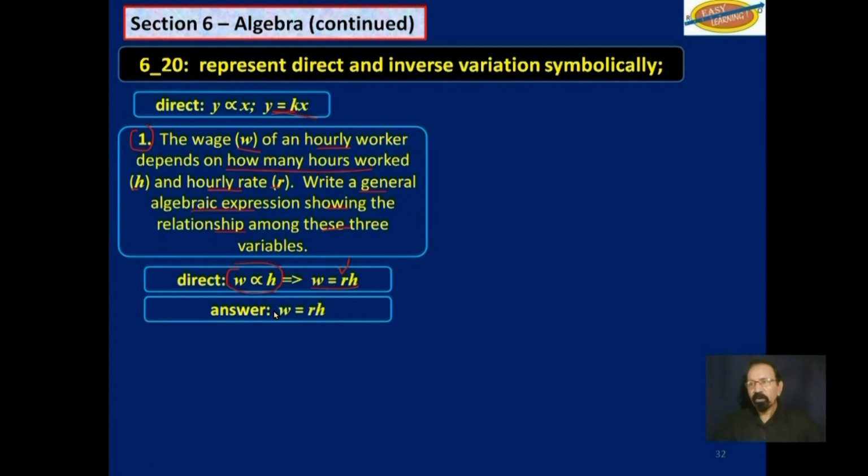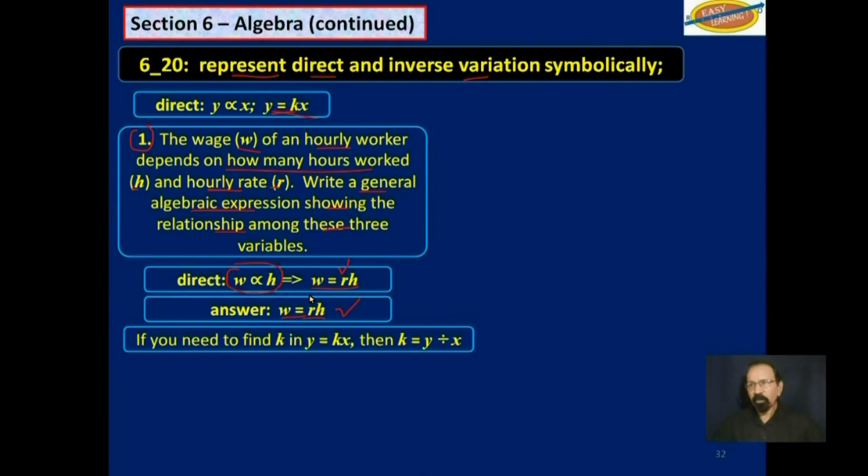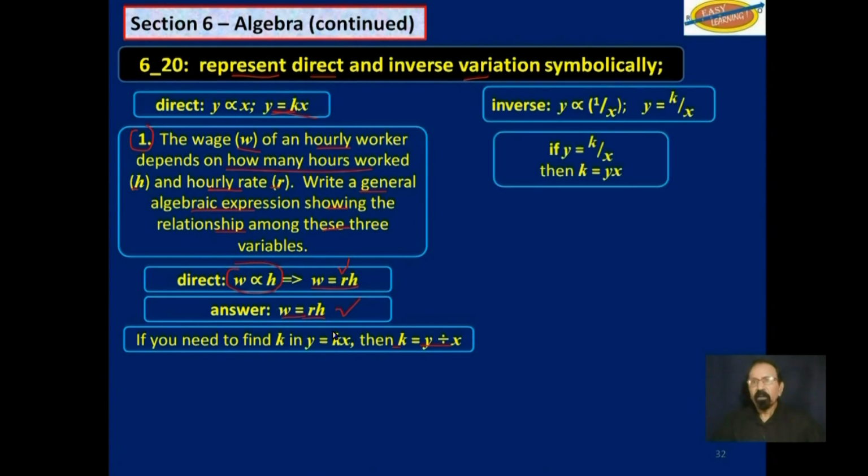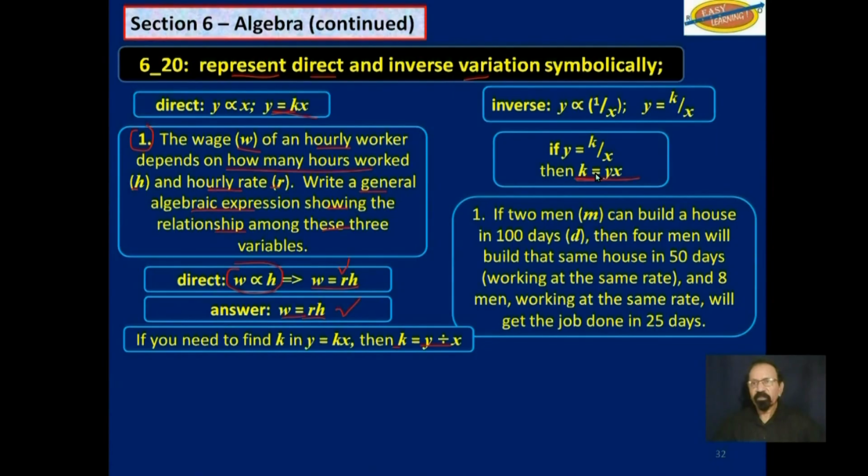And so you could say W is equal to R times H. So we have just represented a direct variation symbolically. W is equal to RH. Now, if you need to find K in this formula, which is R, then K is equal to Y divided by X. Now, inverse relationship K is equal to Y times X.